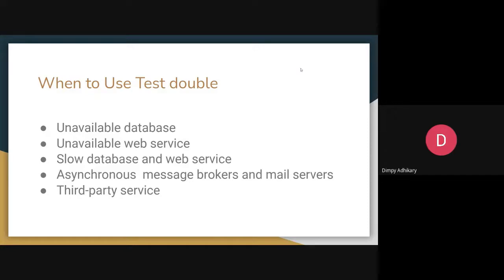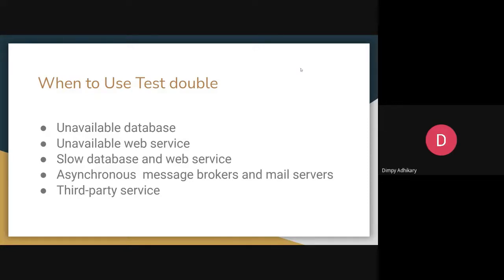Similarly for web services also, because mocks will be faster, right? The mock server will immediately return a response if the request matches the available services, so that will always be faster than the real services.